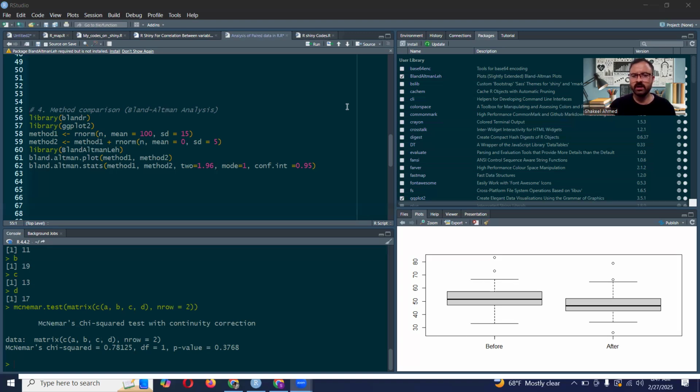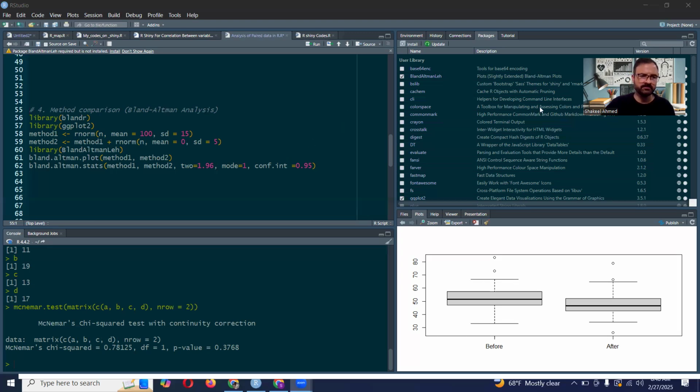If the points, basically the differences between the two scores, lie within these two limits and there is no pattern in the differences, then we can say that the two scorings, or the two raters, are in agreement, or they are agreeing with each other, or the two methods are varying in the same manner. There is no specific pattern or specific bias in one method or the other.